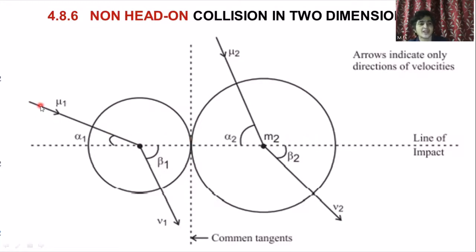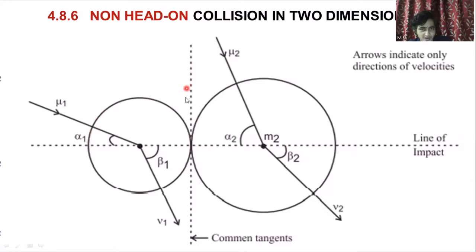The first body is having initial velocity u1. Second body is having initial velocity u2. Now see, if we consider this as a line of impact, we can see this is the common tangent. After collision, the bodies are in this situation. Suppose when they collide, they are in this situation.